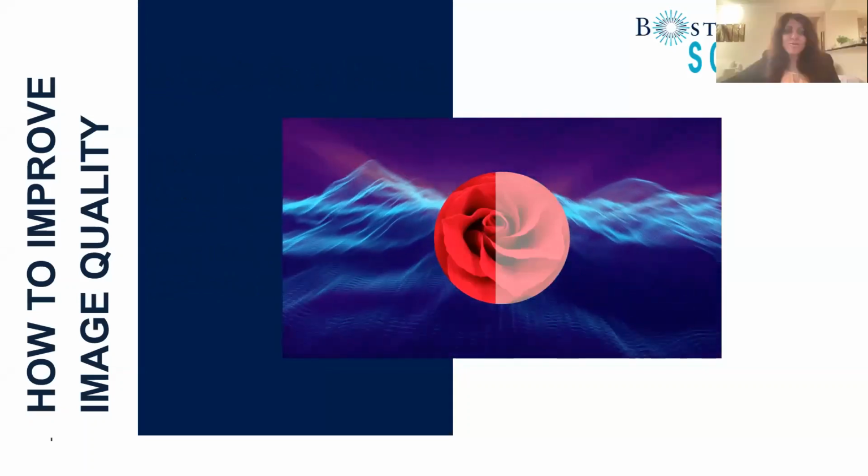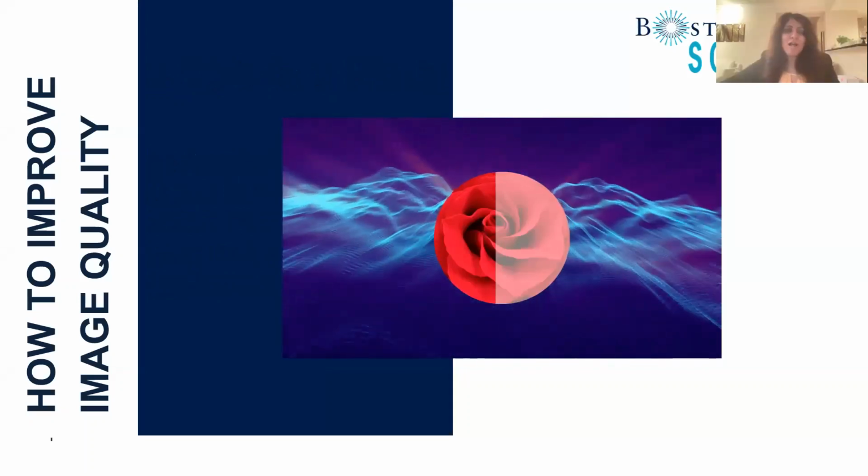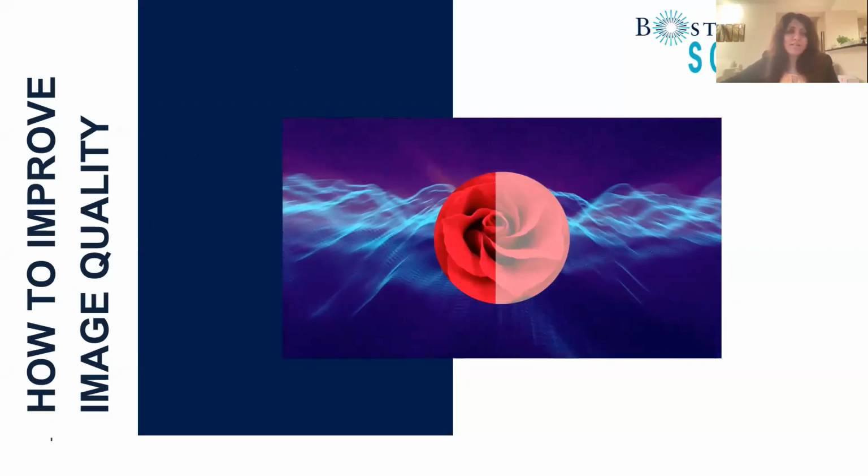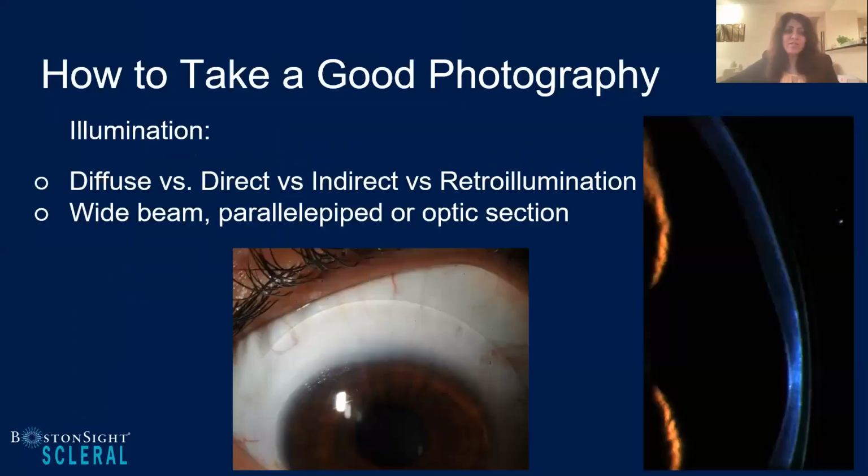Okay, so we're going to dive into a few features of how to improve the quality of your images when you're taking images. And this topic, I find it really funny. When we were talking about illumination, I was having a conversation with Avani, and I said, when we think about our slit lamp and we're looking at the cornea and all these things, I'm not thinking about whether I'm using diffuse light, direct light, retro illumination. I'm just doing a slit lamp exam.